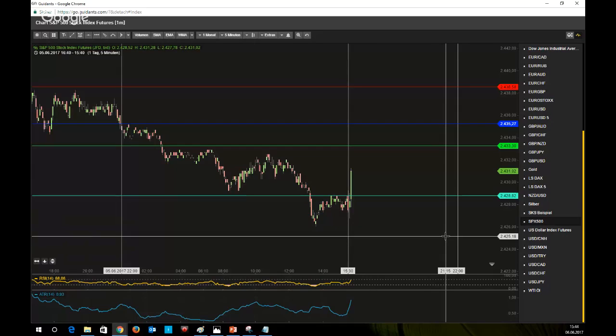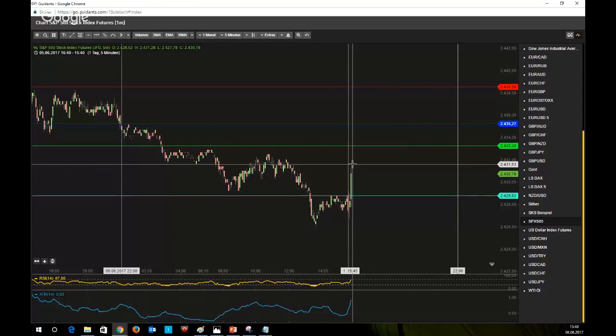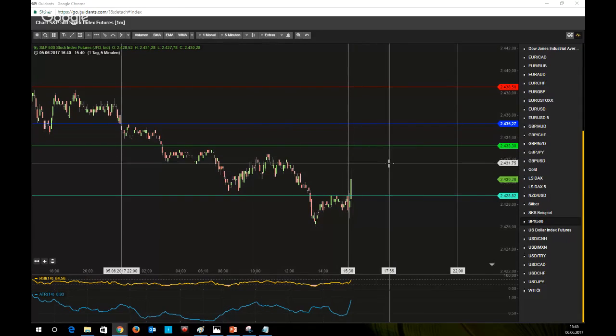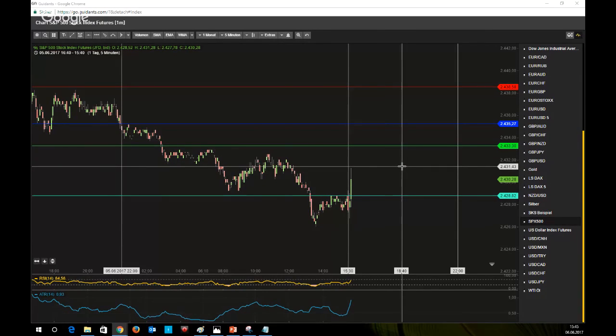Please refresh the chart. Okay, I don't know, isn't there an update here? One second. What do you mean by refresh the chart? I'm not sure. Usually you should see the candle building up some momentum here, don't you?